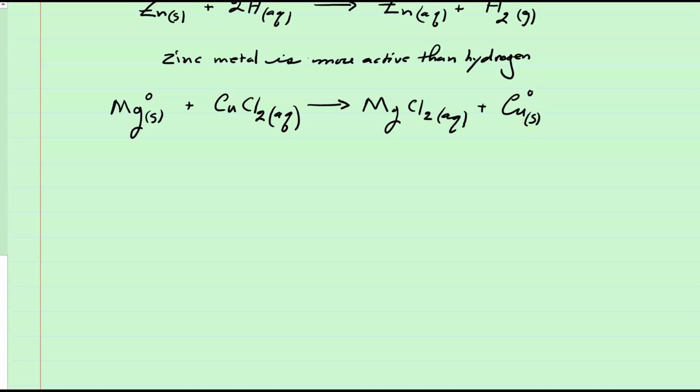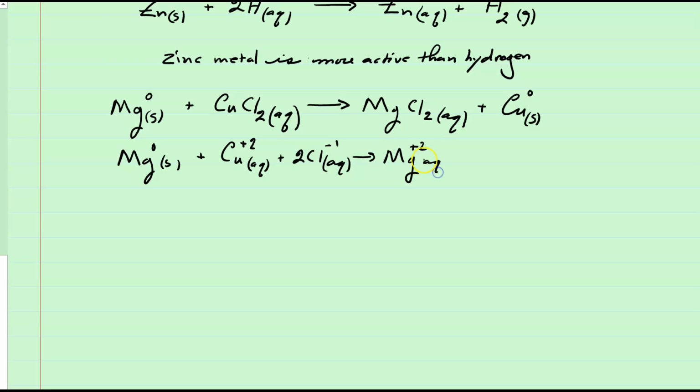Now, again, let's break this up. So we have magnesium as a solid plus what we're going to add to it from a solution of copper 2 ions plus 2 chloride ions. And what we're going to end up with is magnesium plus 2 ions plus 2 chloride ions plus copper coming out as a solid.